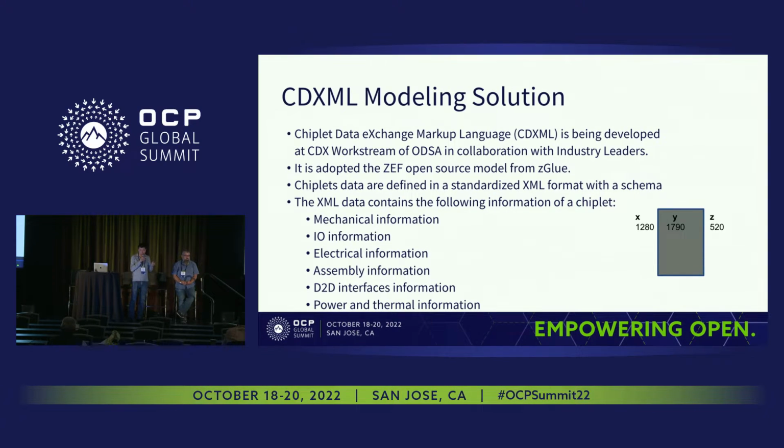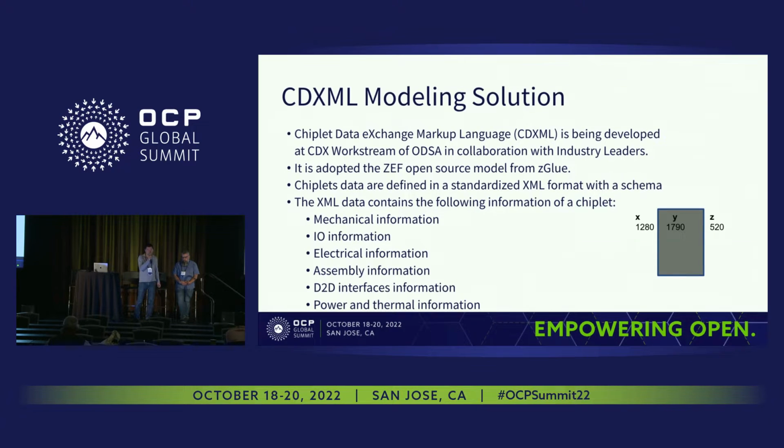This data contains the following information about chiplets. On the top level, we have the mechanical information that describes all the mechanical related information. We will look into a bit more detail in the next few slides. We also have I/O definitions of the chiplets, electrical and assembly information, the die-to-die interfaces, as well as the power and thermal information of the chiplets.